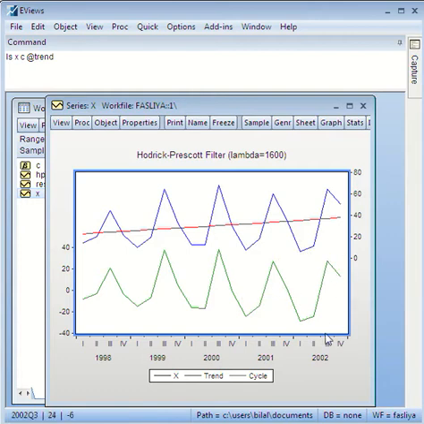This means that it's probably that we have a seasonal component. To make sure, we have to estimate the seasonal model. LS, then X, then the constant. The year is divided in how many components?